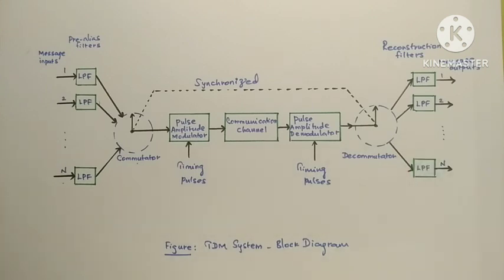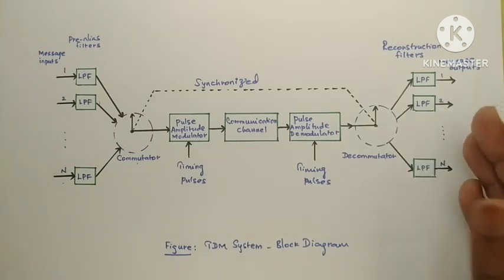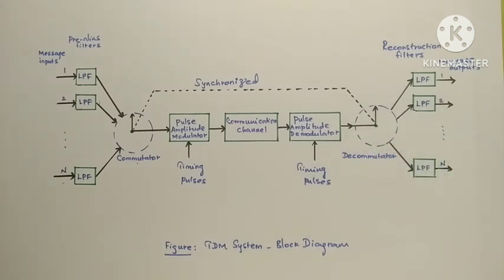Now what are the drawbacks of this concept? Here at the receiver side, the received signal will have variations in amplitude and phase. Otherwise you can say there is a dispersion in amplitude and dispersion in phase.